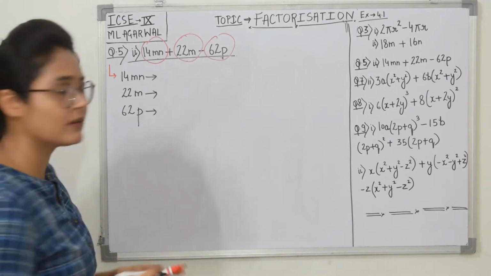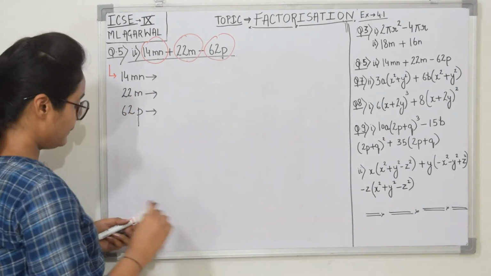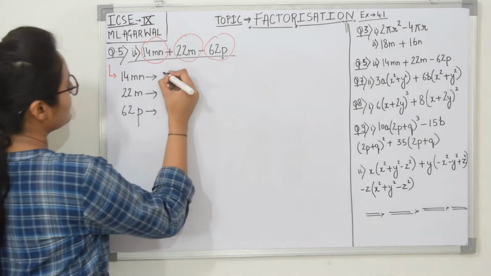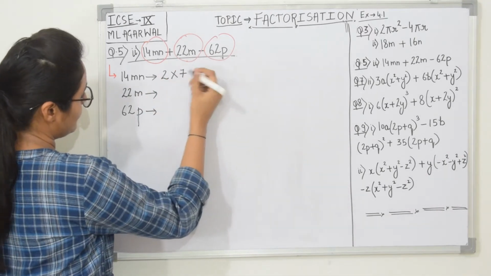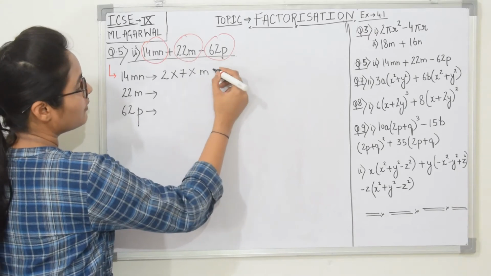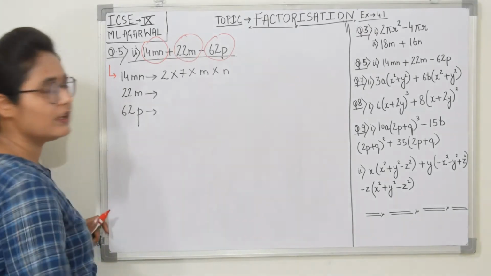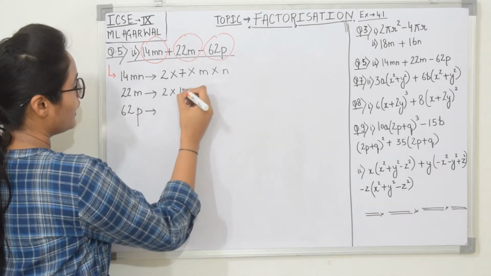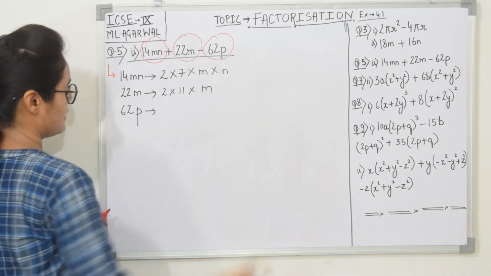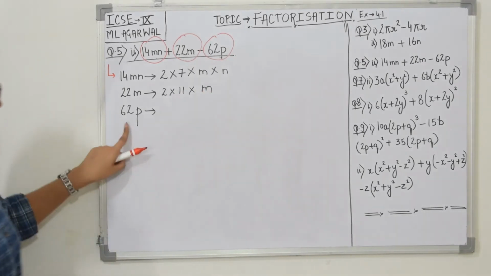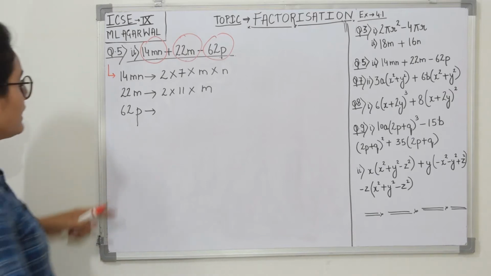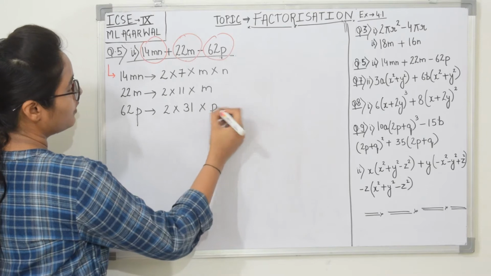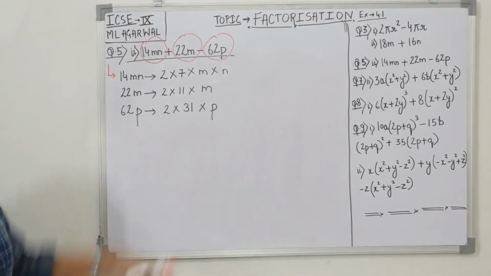And now what we are going to get is your 14mn, factorizing 14, 2 7s are 14, it's basic, just write it down. m and n are in your multiplication form, one time only, just write it down as it is. 22 can be classified as 2 into 11 and m as it is. 62 you can write down as 2 into 31 into p.